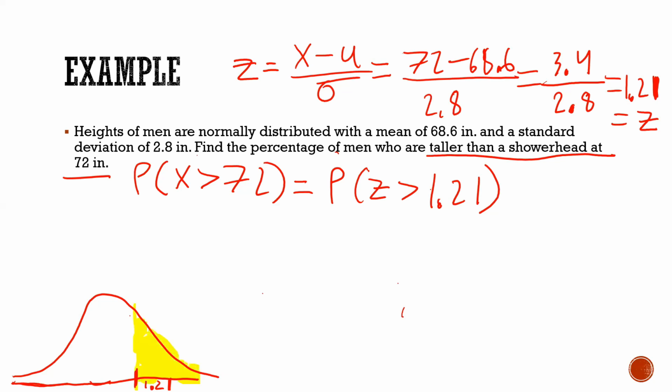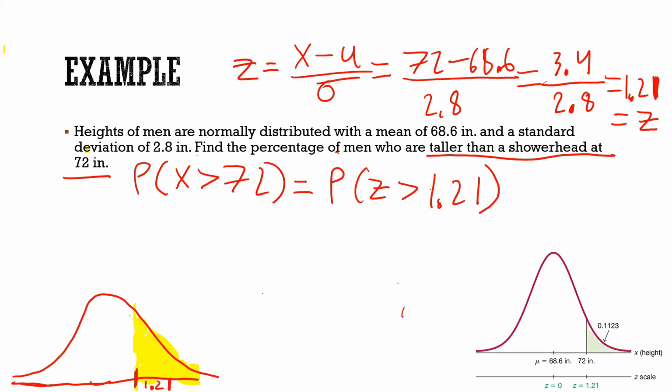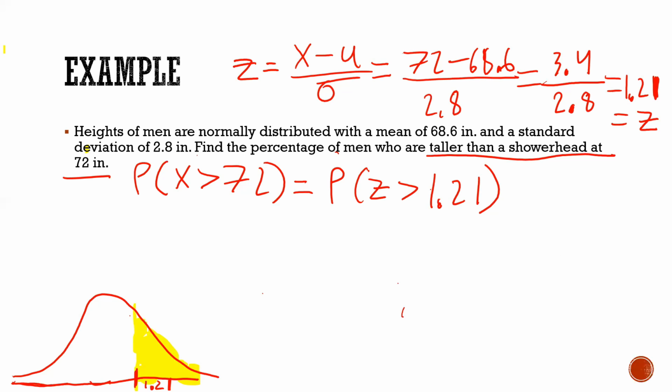That's a little tricky in that our table gives us area to the left. Those of you who have the table for the first time might want to draw this diagram on your table, showing that you're always getting area from the left.